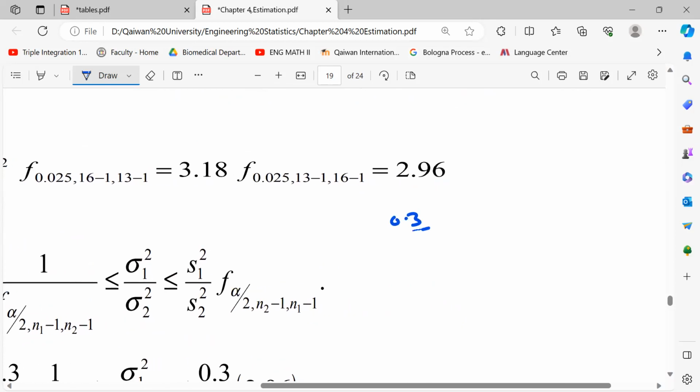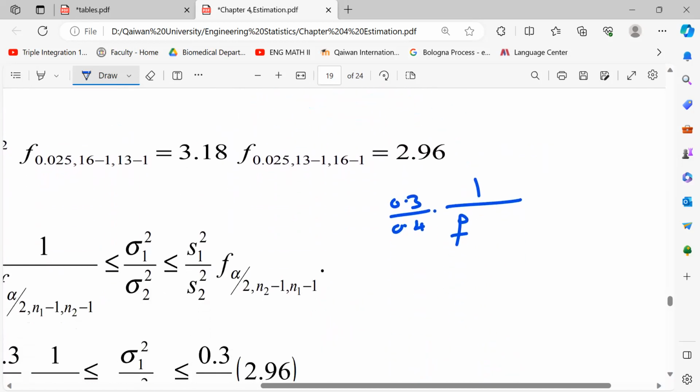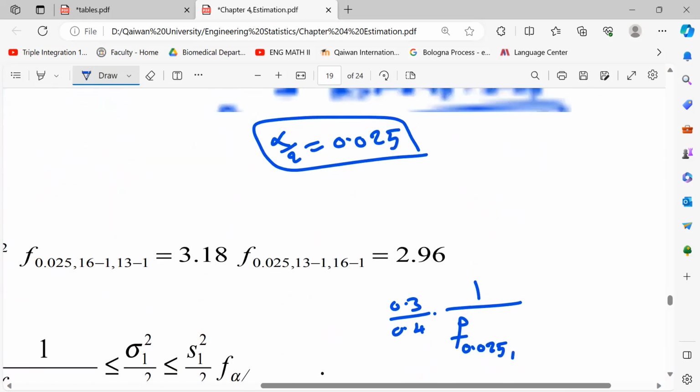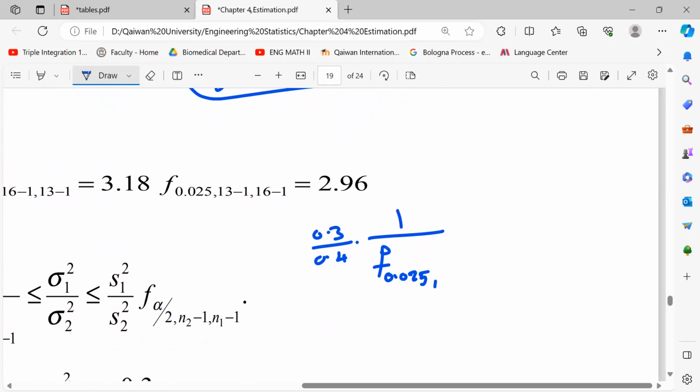It's 0.3 over 0.4 times 1 over F of alpha over 2, which is 0.025, then N1 minus 1, comma, N2 minus 1. It's the left hand side. It's less than sigma 1 squared over sigma 2 squared, and then less than the other side.